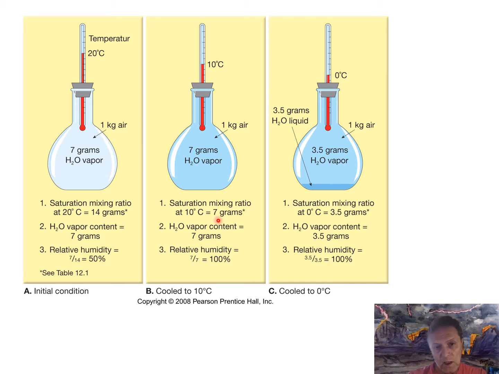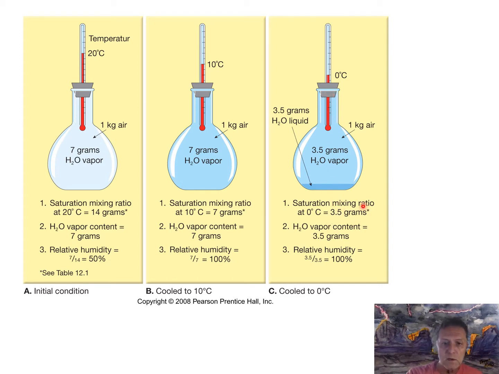That means the colder the air is, the less water vapor it can hold until it starts condensing out. So now the relative humidity is 100% because at this temperature, it can only hold 7 grams of water vapor before it is saturated. Let's decrease the temperature even farther to 0 degrees centigrade or freezing point of water.